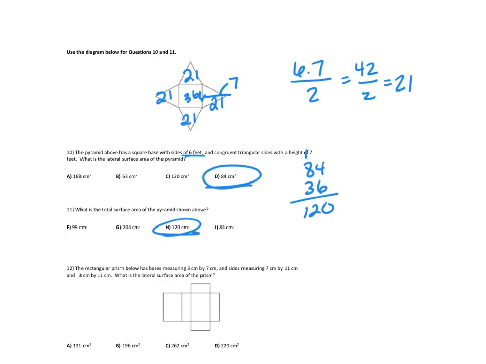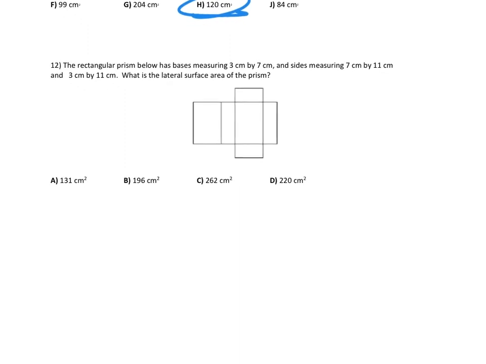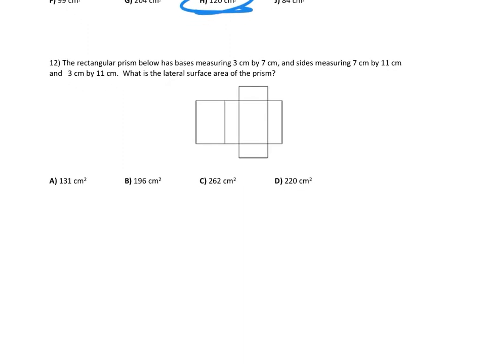Okay. Number 12, the rectangular prism has bases that measure 3 by 7. So this is 3 by 7. Sorry, this is 7 by 11. And then we have 3 by 11. What is the lateral surface area? They already told us that the bases are this one right here and this one right here, because they said the bases are 3 by 7, right?